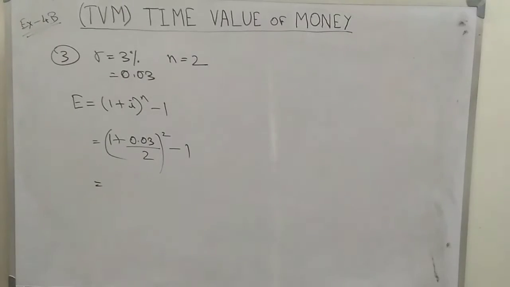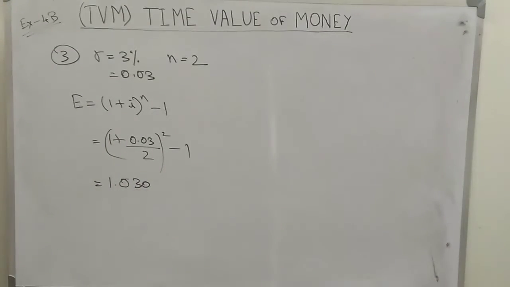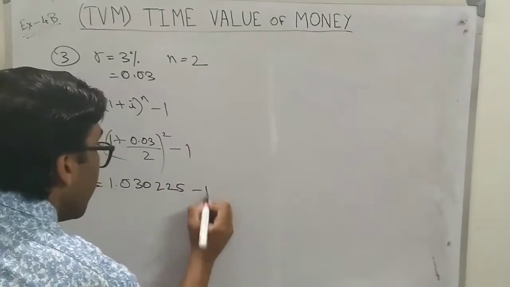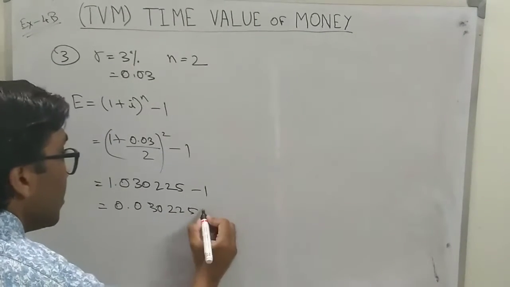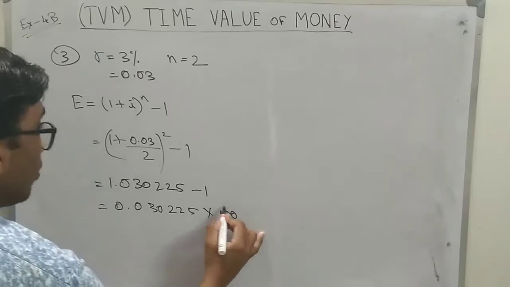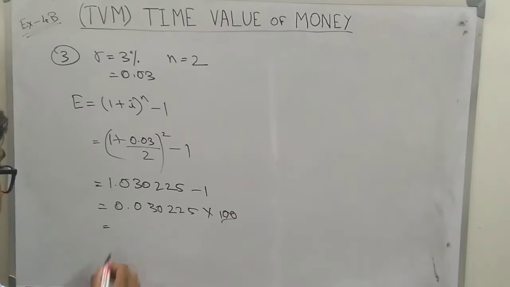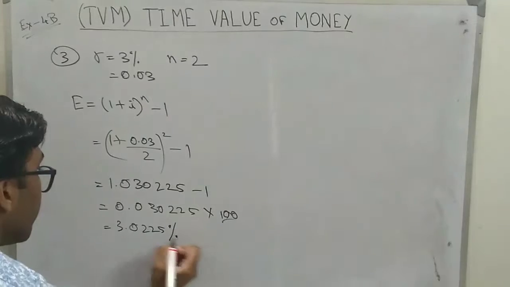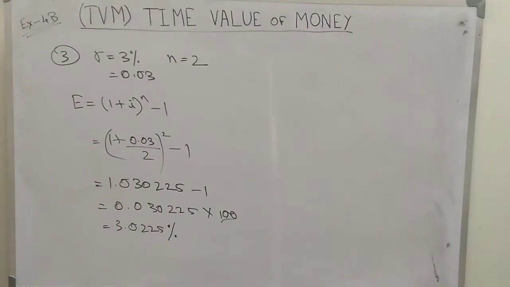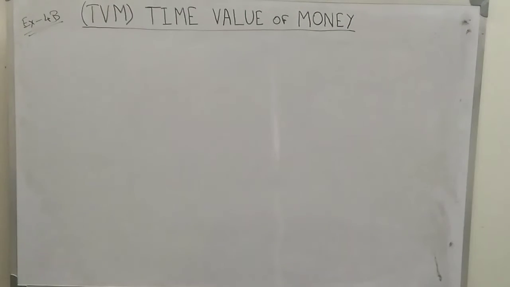Now it comes to 1.030225 minus 1, that means 0.030225 into 100. We are doing into 100 because we have to get the answer in percentage terms. Then it will be 3.0225%. The answer is 3.0225%. Option number C.